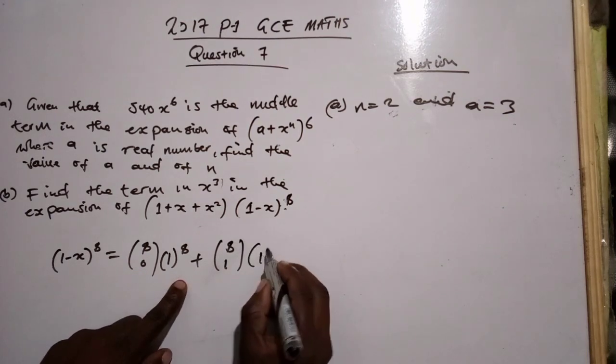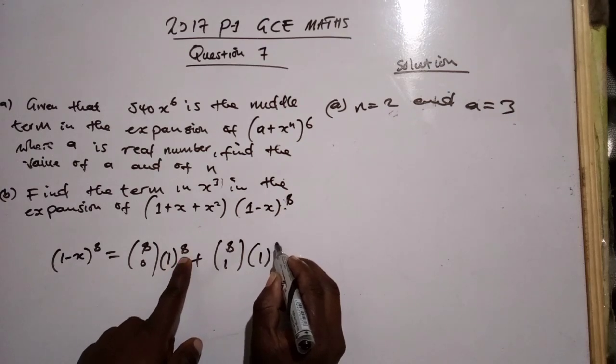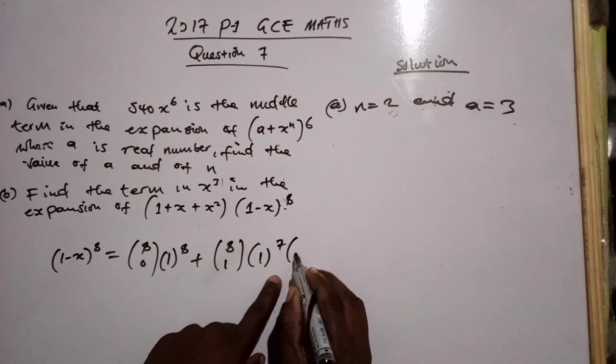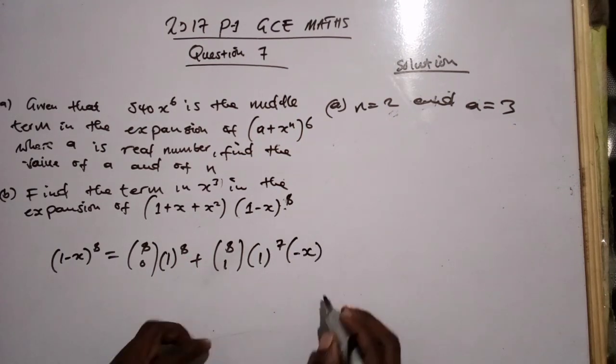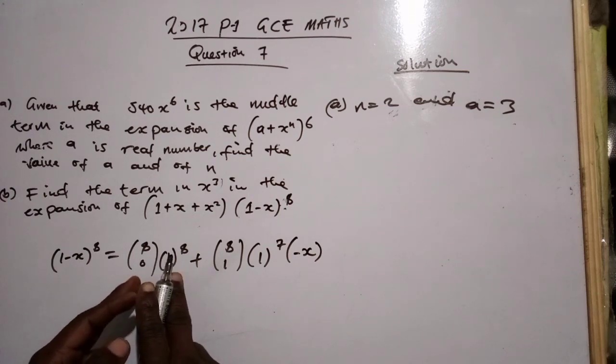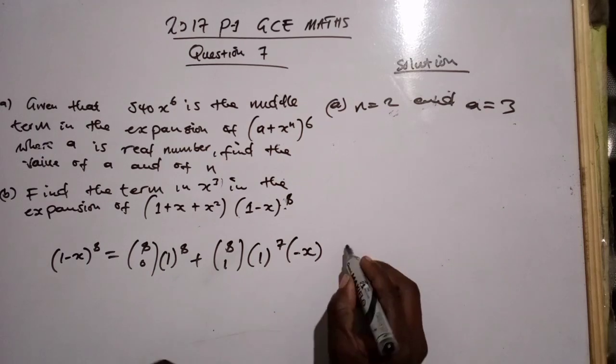Then you have 1 to the power, from power 8 you reduce it to power 7, right? Then this is where x now appears, as the power of 1 is decreasing, x is increasing.